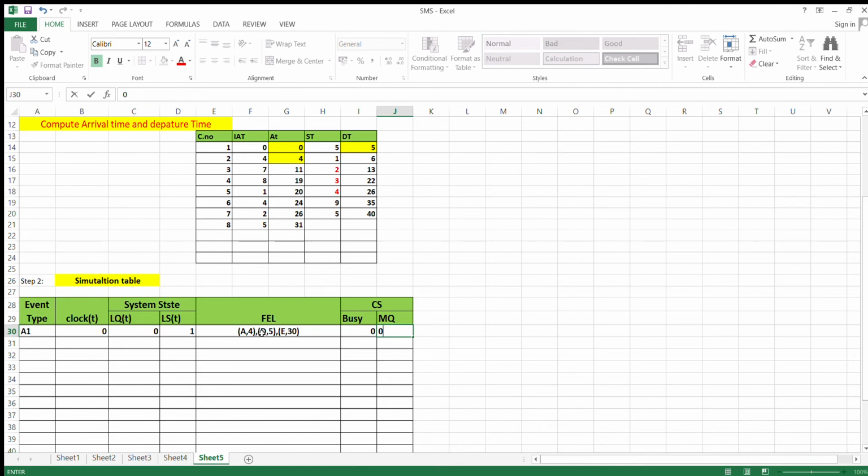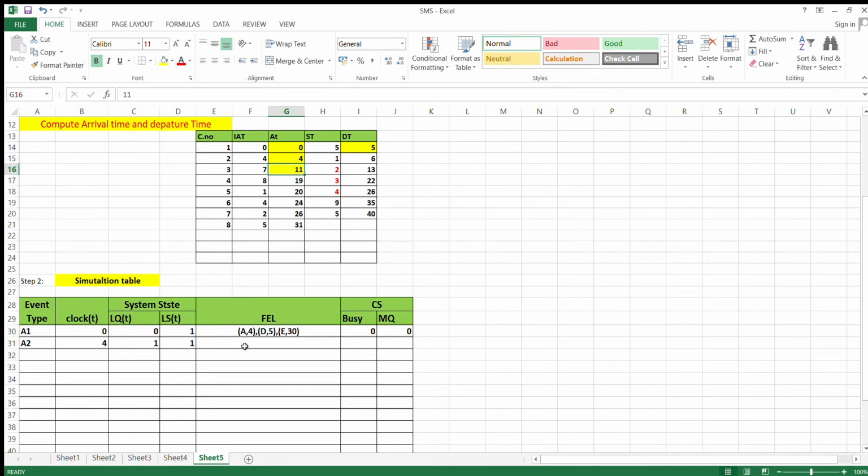Out of these, the minimum is 4. So advance the clock to 4. The event type is arrival of the second customer. The first customer is in service, the second customer moves to the queue. We remove the arrival, which means we add the next arrival. The next arrival is 11.